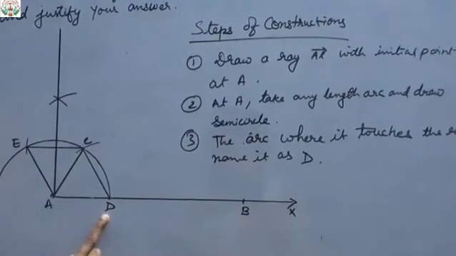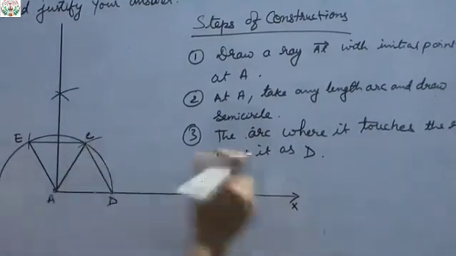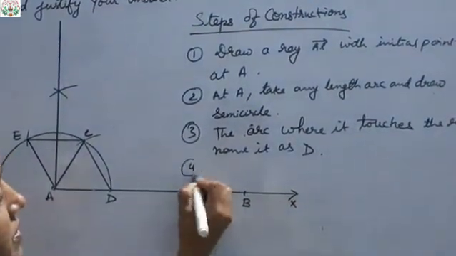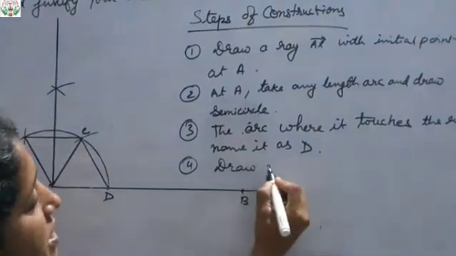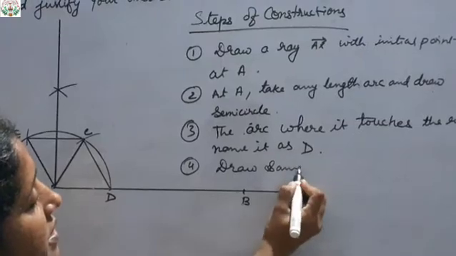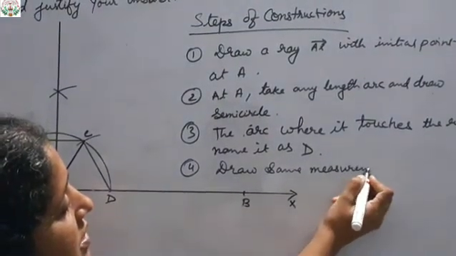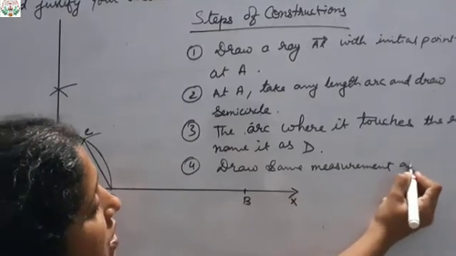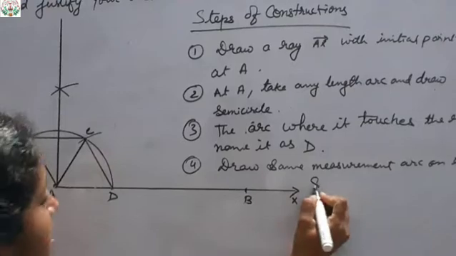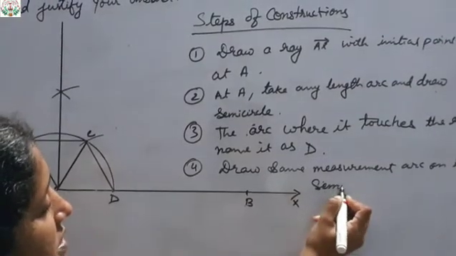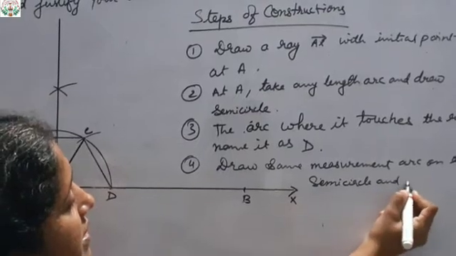Okay, this is D. So taking AD as the same arc, draw an arc, draw same measurement arc on the semicircle and cut it.